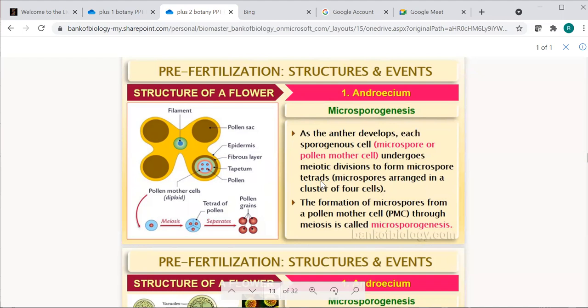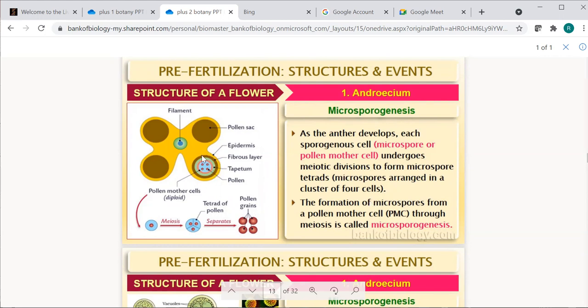Tetrad means 4. So the mother cell, through meiosis, forms microspore tetrads. The formation of microspores from a pollen mother cell through meiosis is called microsporogenesis. What is it called? Microsporogenesis.